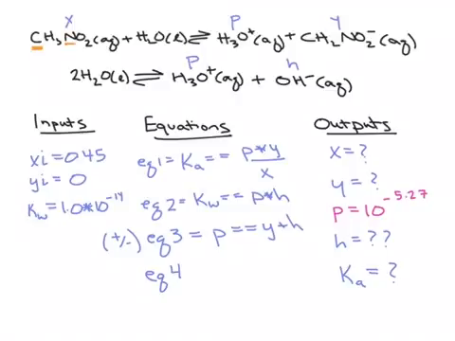Let's go ahead and do carbon. For carbon, we've got carbon present in our original nitromethane and then in its conjugate base. So we've got Xi plus Yi is equal to X plus Y.